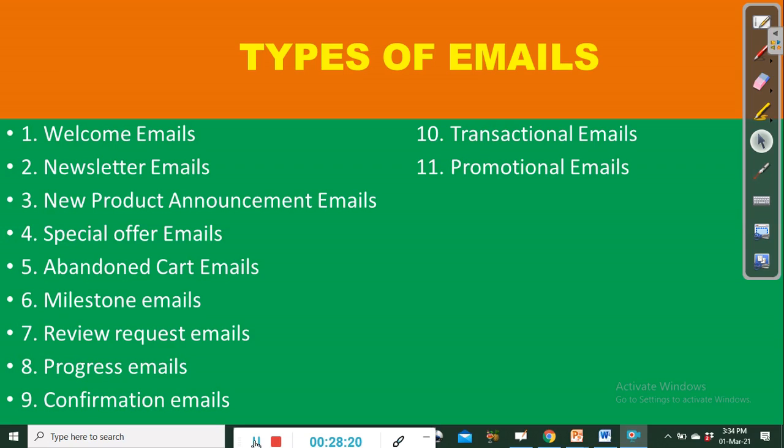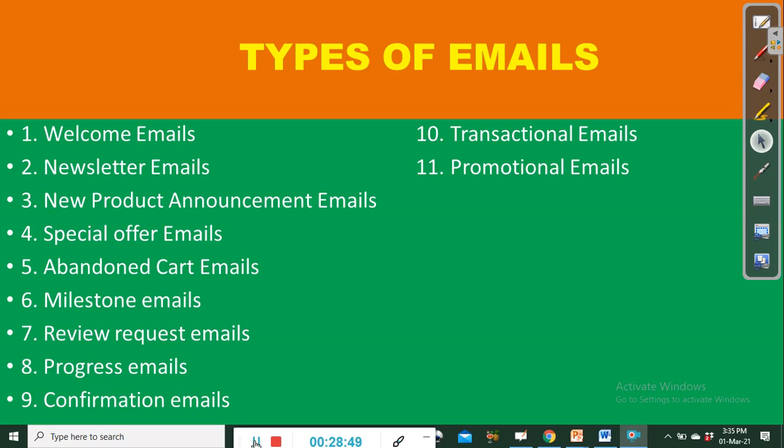If someone is using an online ordering system to purchase something from your website, they should get a confirmation email so that they know that the order went through properly, and they will also want to know when they can expect it to be fulfilled. Confirmation is really key in everything you do.